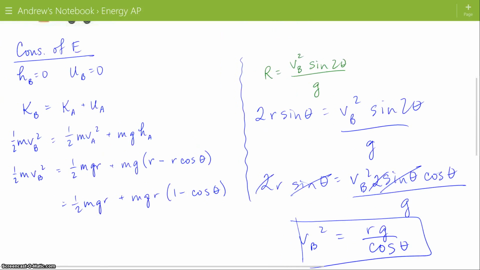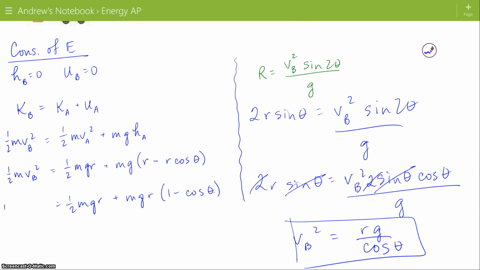I'm going to need to zoom in so I can write this over here. 1/2 m times vb squared, which is rg divided by the cosine of theta.